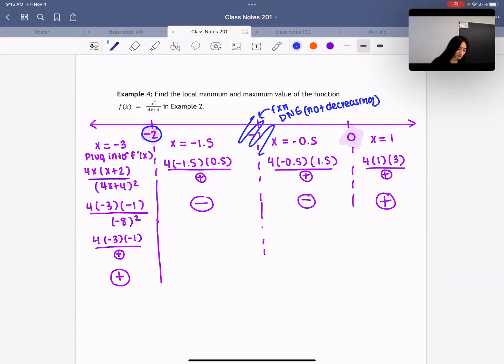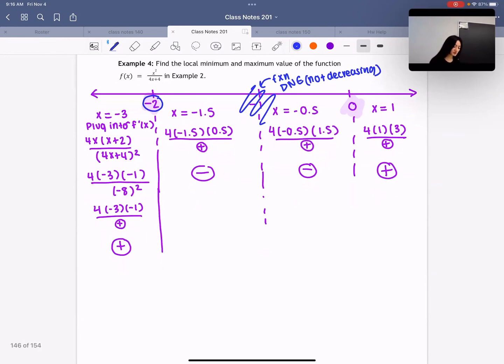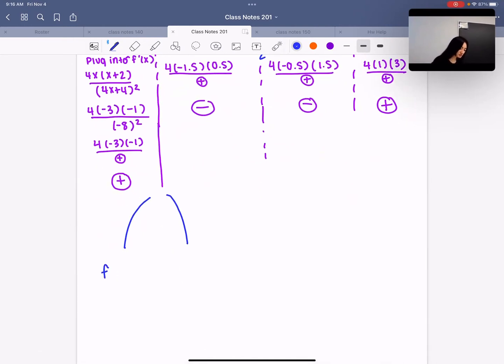All right, so at -2, it looks like we go from a positive derivative, which means we're increasing, to a negative derivative, which means we're decreasing. So is f of -2 a local min or a local max? Local max, good. Okay, now if I wanted to find the number, am I going to plug -2 into the derivative or the original function?